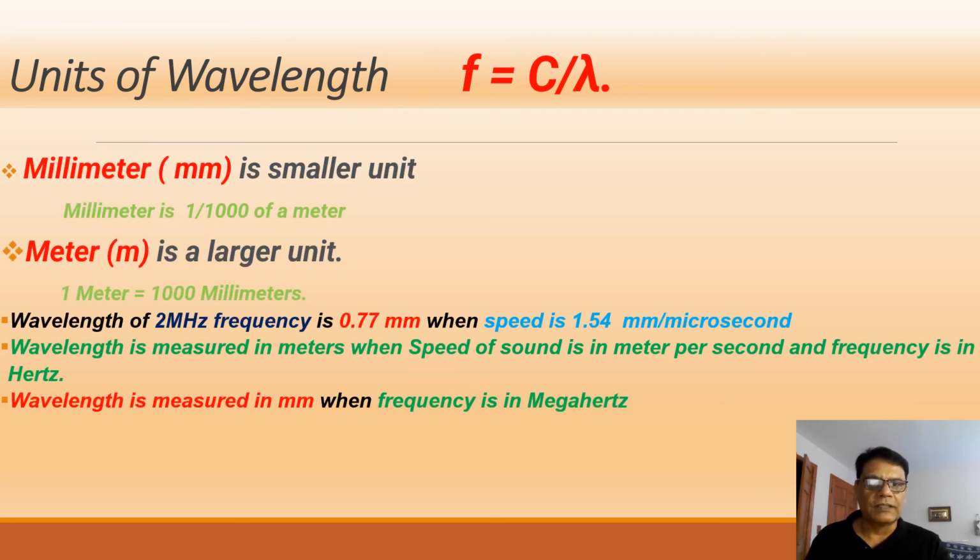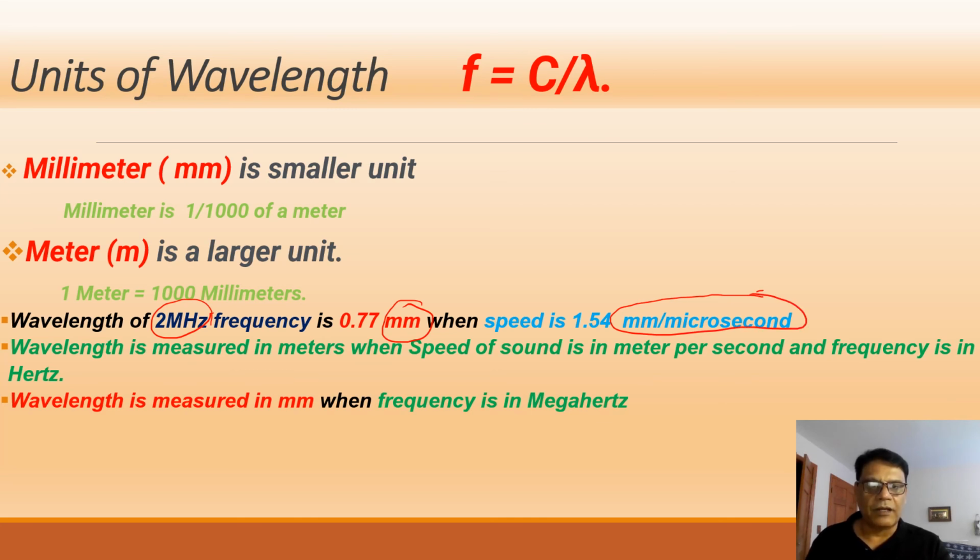So wavelength is measured in millimeter. Millimeter is a smaller unit, while meter is a larger unit. And remember that wavelength will be in millimeter when frequency is measured in megahertz and speed is millimeter per microsecond. So never ever forget this combination.